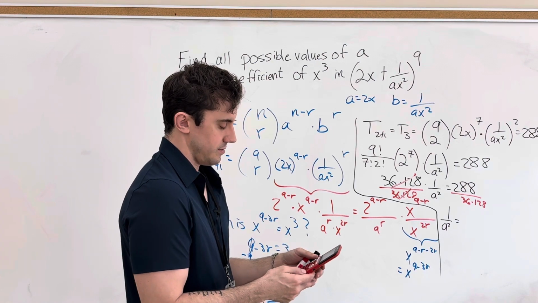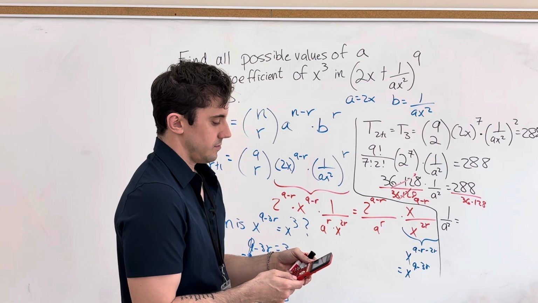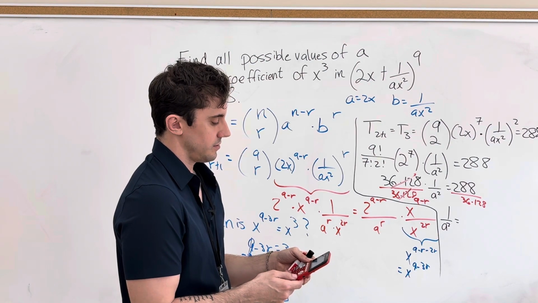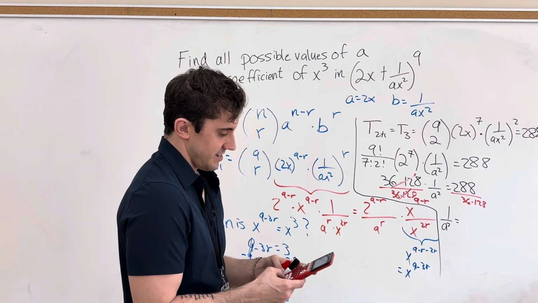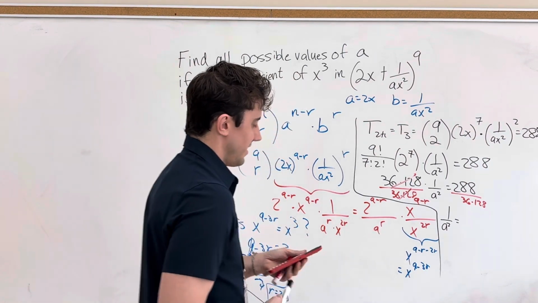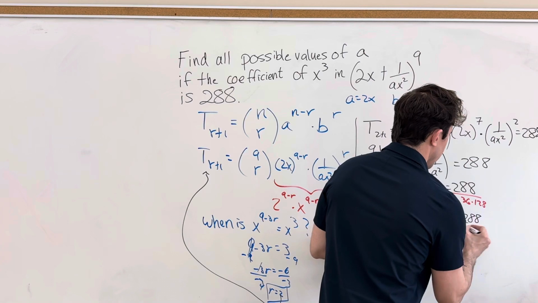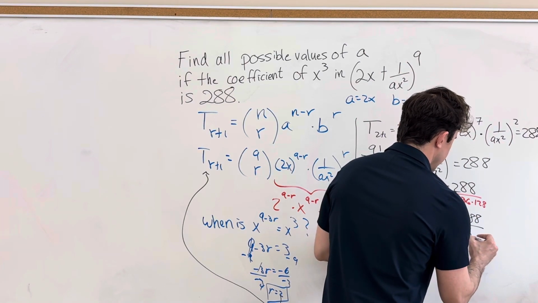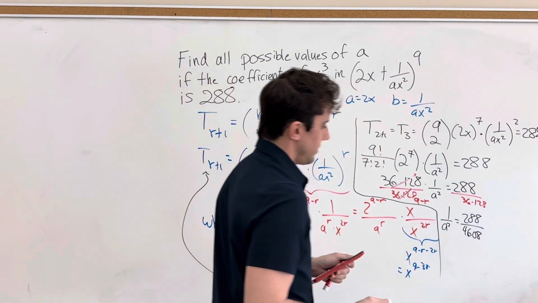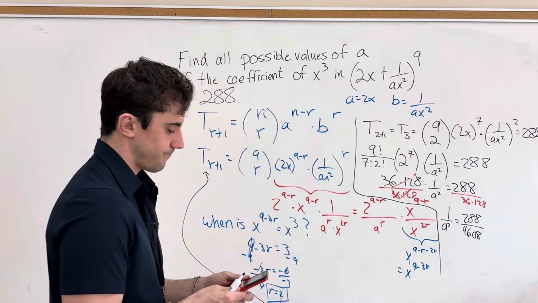What is that as a fraction? 36 times 128. That is 288 over 4608. And I'm sure we can simplify that.